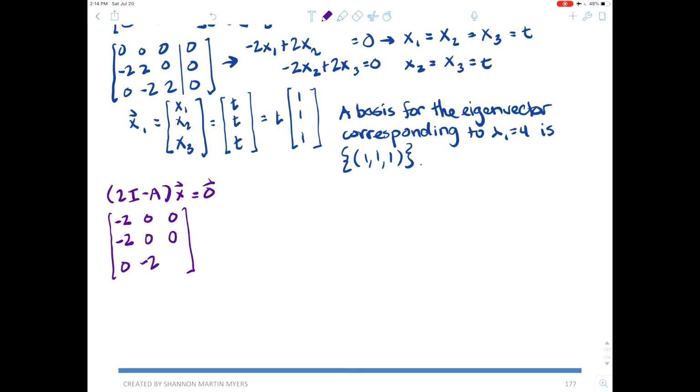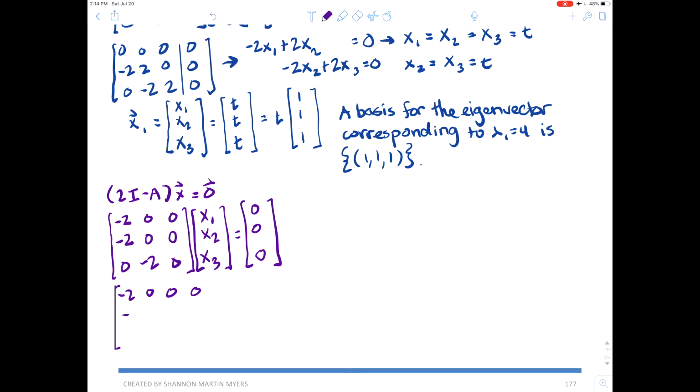Then we'll have this matrix times the x matrix equals the 0 matrix. Groovy? Let's do it. We would be reducing this augmented matrix: negative 2, 0, 0, 0, negative 2, 0, 0, 0, and then 0, negative 2, 0, 0.